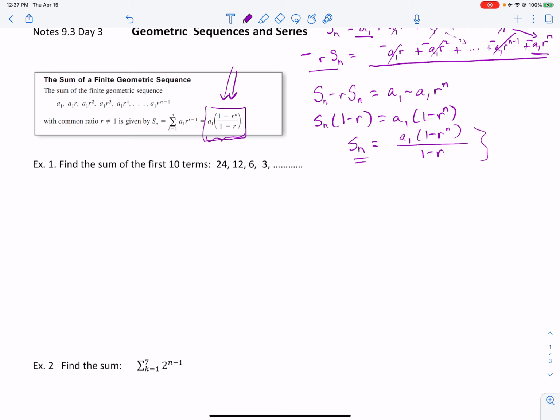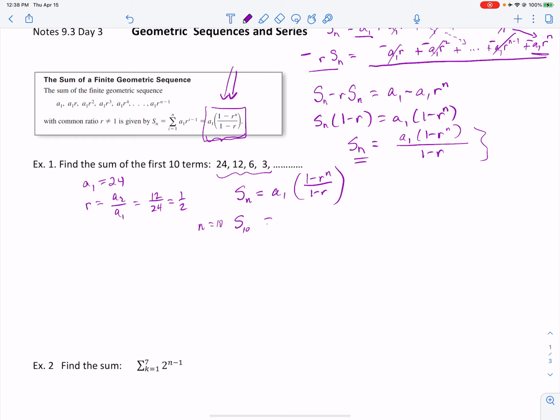And so in this formula, you're going to need to know a sub 1, and you need to know the common ratio. So when they say find the sum of the first 10 terms here, you need to note a sub 1 is 24, and you find r by taking the second term divided by the first term. So 12 over 24 is 1/2. So substitute into S sub n, a sub 1, 1 minus r to the nth over 1 minus r. I want the sum of the first 10, so S sub 10, n is 10.